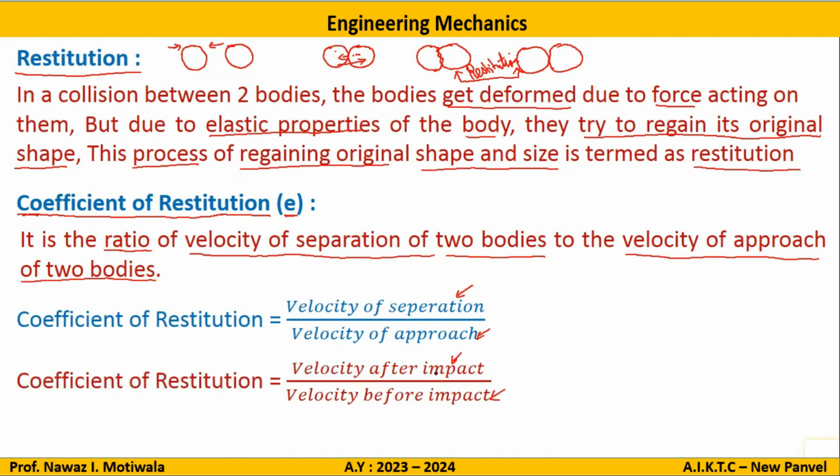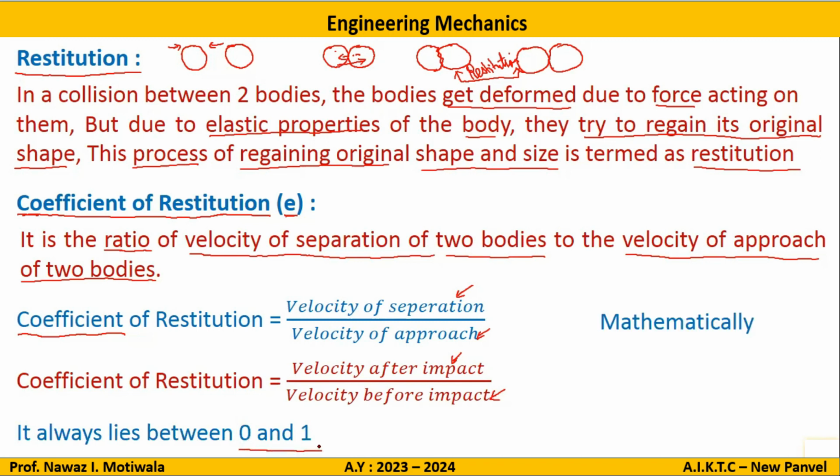And as it is a coefficient, just as the coefficient of friction lies between 0 and 1, on similar lines the coefficient of restitution also lies between 0 and 1.